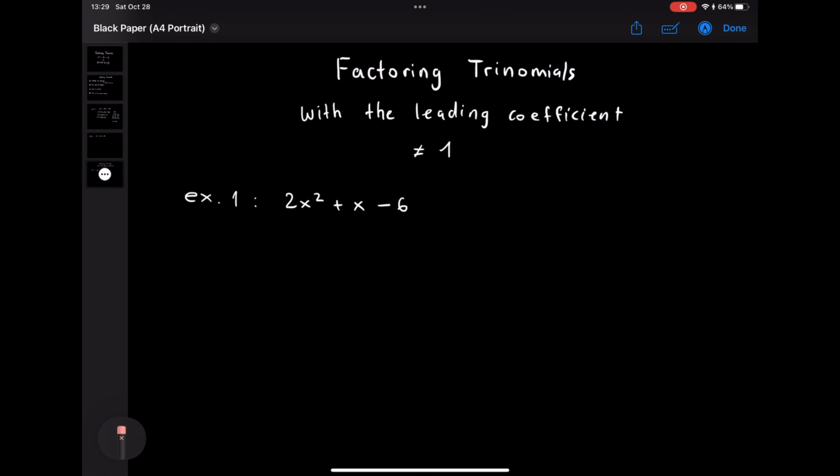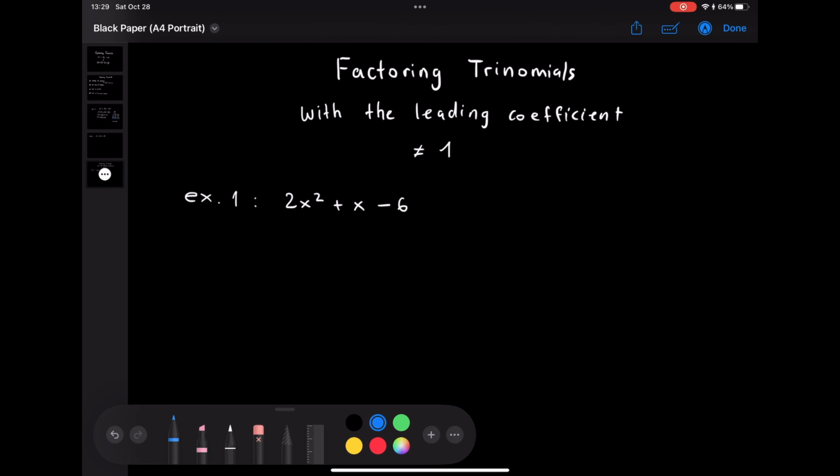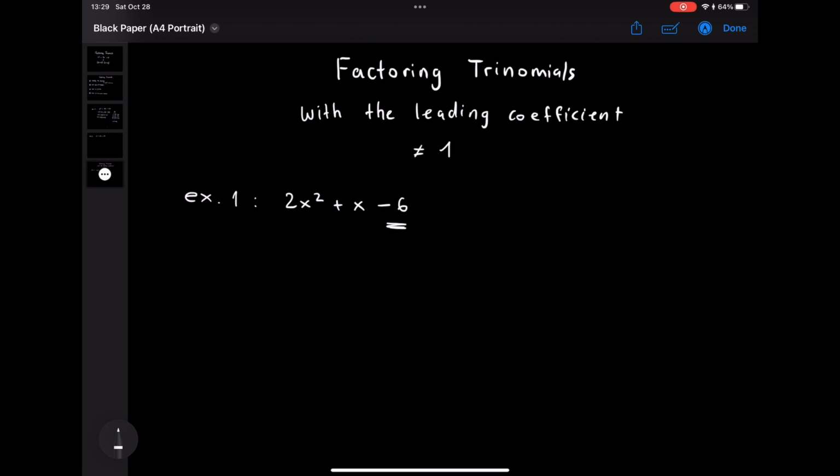In this instance, we do not only look at c anymore, which is -6 here, but we also look at the leading coefficient, which is 2. So what we have to do now is multiply 2 and -6 to make -12.